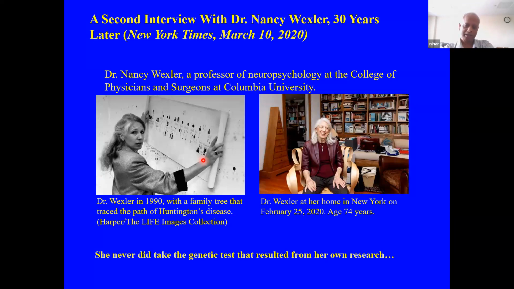She went to Venezuela, to the Lake Maracaibo area, where almost every family has Huntington's disease. She collected blood and traced the family tree. You can see here how she is tracing the family trees, and that ultimately led to the discovery of the gene. But unfortunately, in 2020, she was affected. She first showed typical Huntington's disease problems, and currently she is probably having full-blown disease.